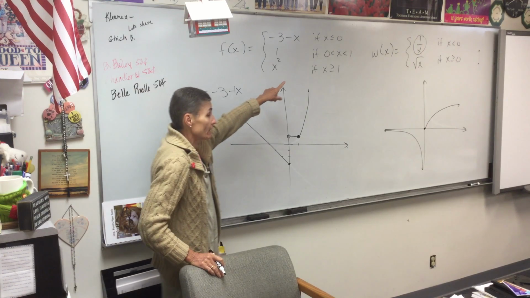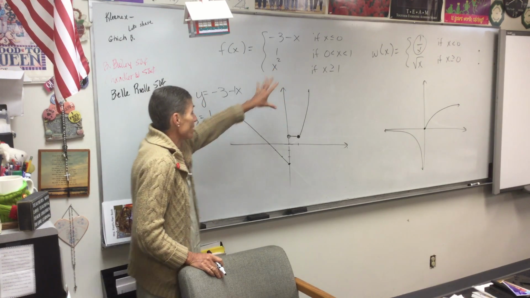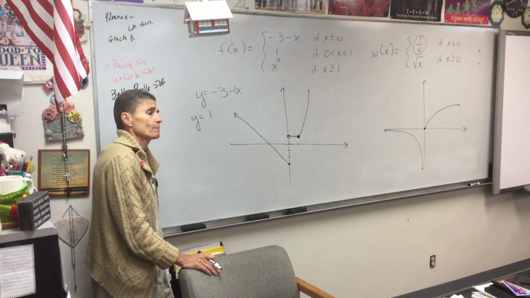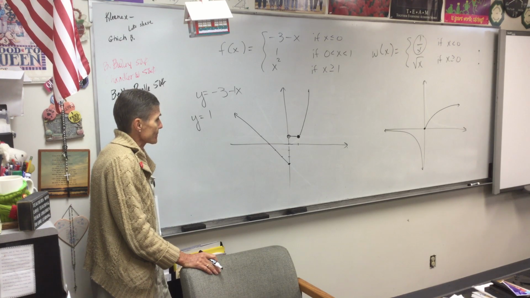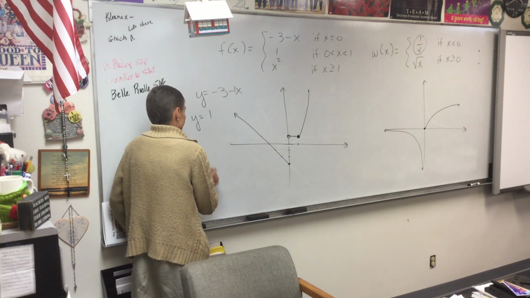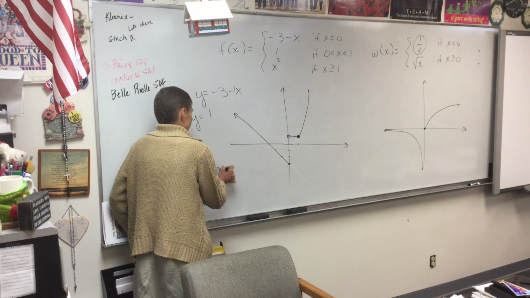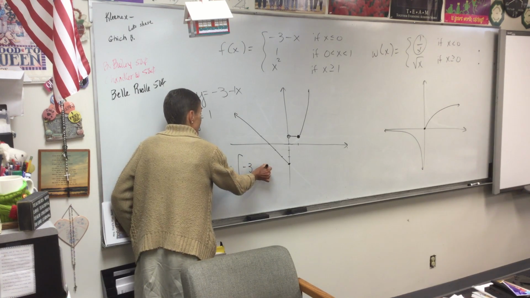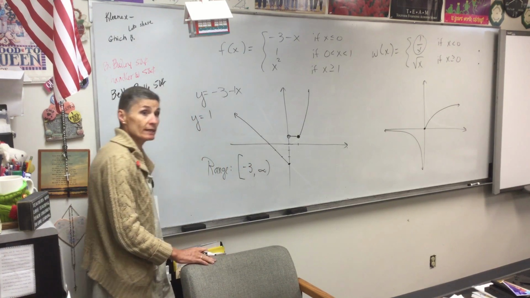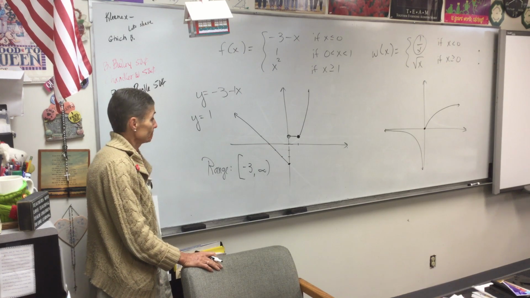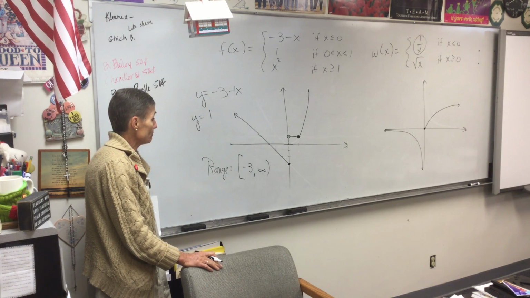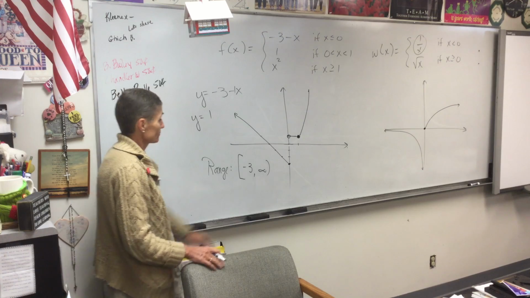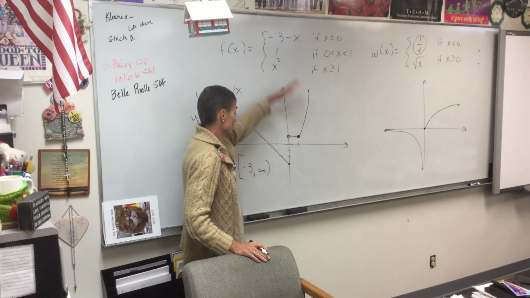It's all included up there. The x's, that's your domain. How about range? Everything above -3, including -3? Yeah. That would be your range. The picture starts here and goes up.